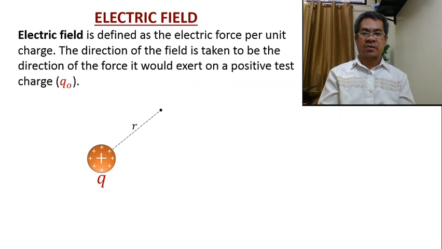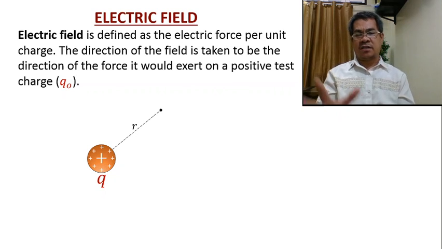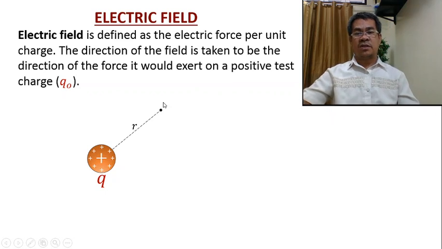So, to understand what is electric field lines and what is the direction of the field lines, we need to identify how much the electric field, the magnitude and its direction at that point at the radius r from the source. So, in order to answer, we need to place the positive test charge.